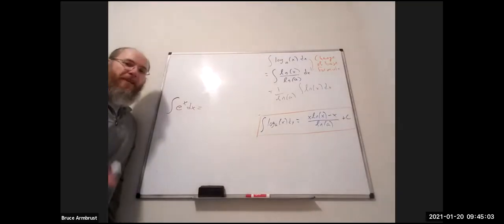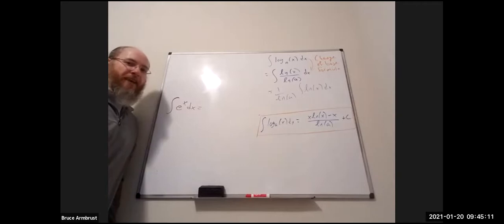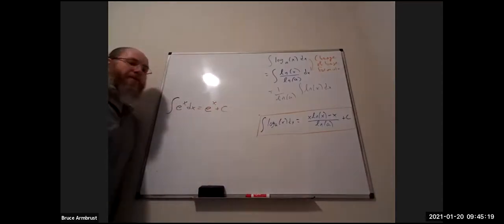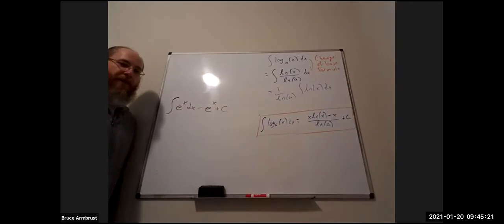Isn't it also e to x? Is it? What makes you think that, Susanna? Or I think that's the antiderivative. Okay, well then that would mean that the derivative of e to the x is e to the x. Yeah, of course it is. This one's going to be e to the x plus c.